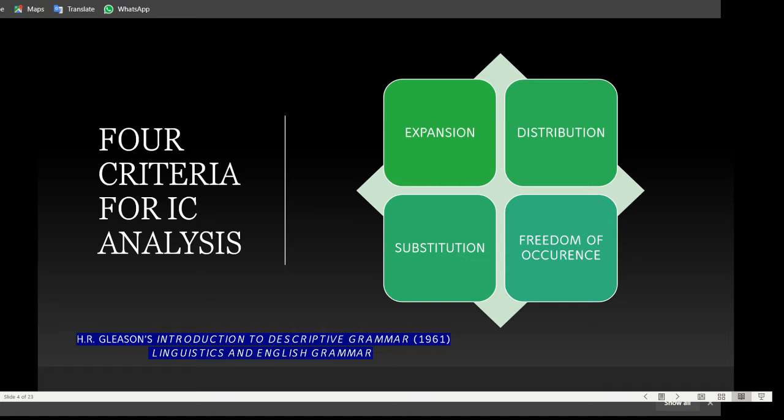That is, there are different criteria or different tests for IC analysis. A few are expansion, distribution, substitution, and freedom of occurrence. First we'll look into the first criterion, or the first test for IC analysis, and that is expansion.